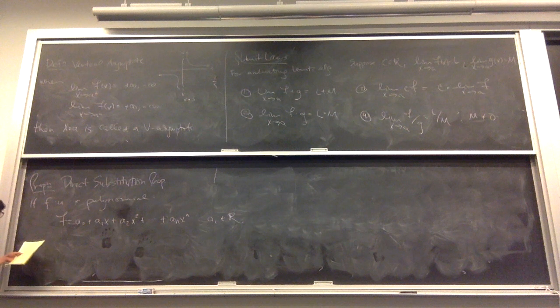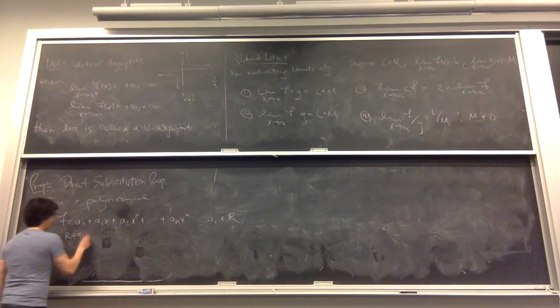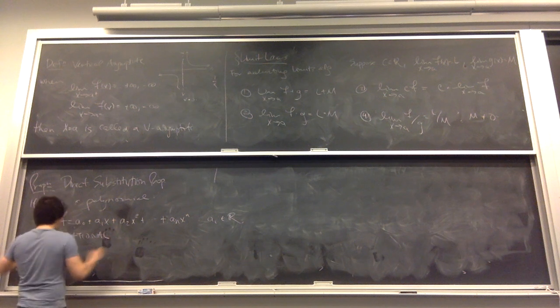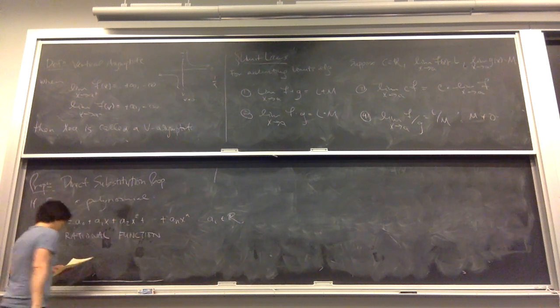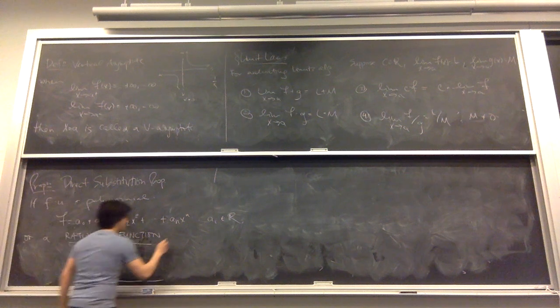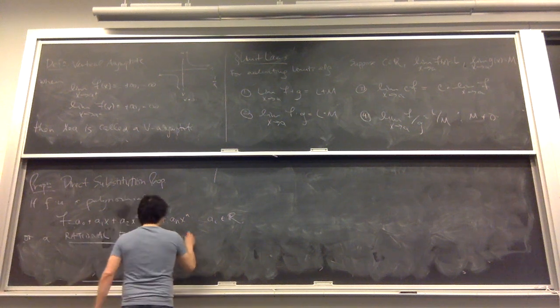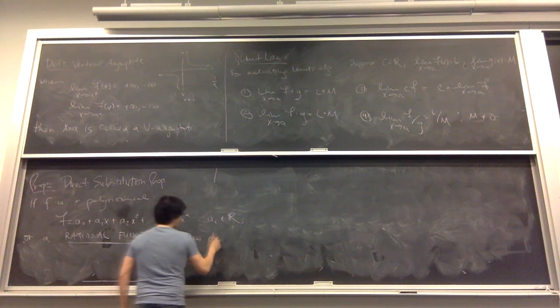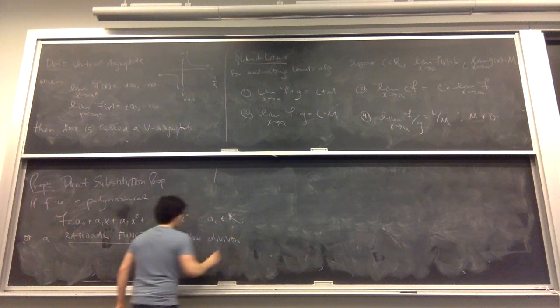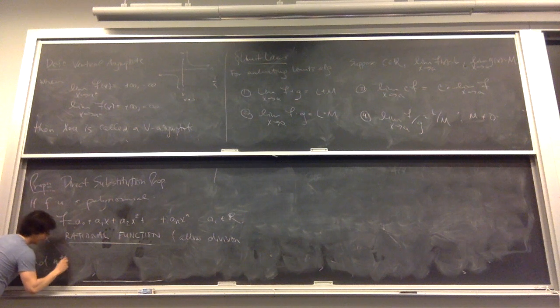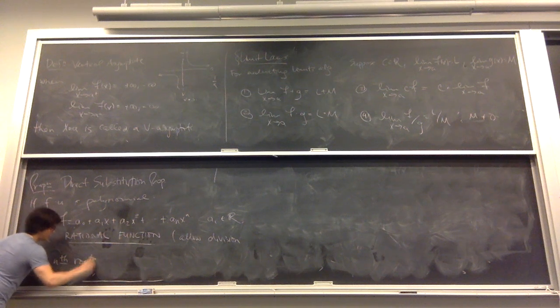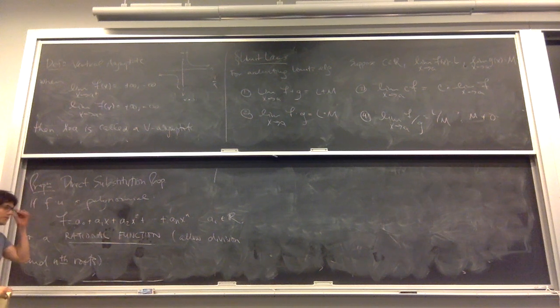So if f is a polynomial, or what I'm going to call a rational function, which means that you allow division and nth roots. You start with a polynomial, you're allowed to multiply and add them.